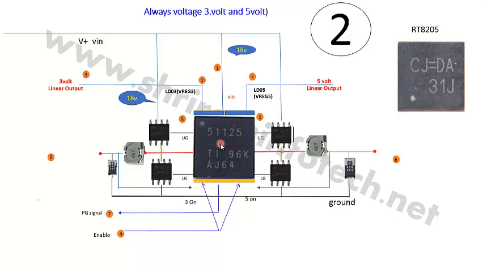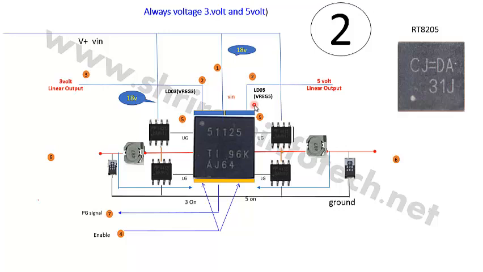In this chip there are 2 linear regulators, one for the 3 volt and another for the 5 volt. The 3 volt linear regulator's pin is called VREG3, or LDO3. VREG3 generates 3 volt, and VREG5 generates 5 volt.